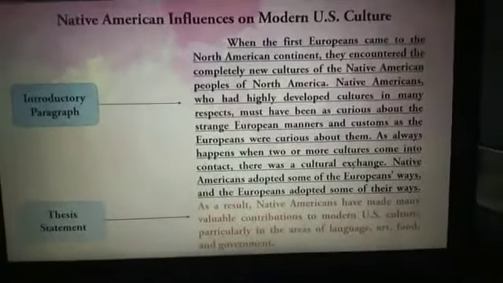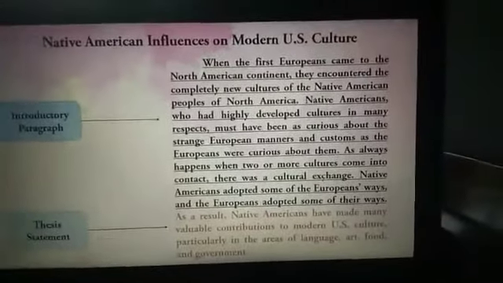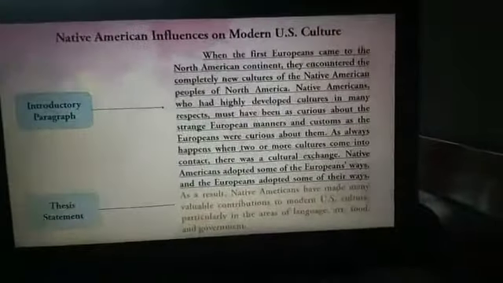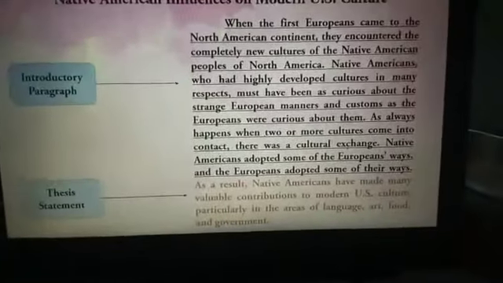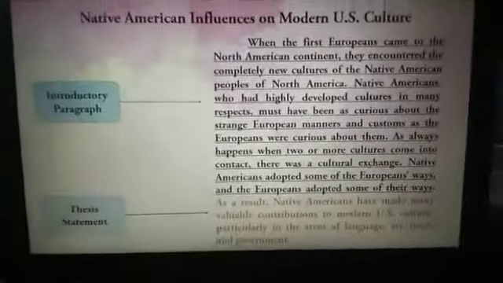So this is the example for the essay, and this is just paragraph 1. The title is Native American Influence on Modern U.S. Culture. So paragraph 1 is called the introductory paragraph. The introductory paragraph has two parts. That is general statements.